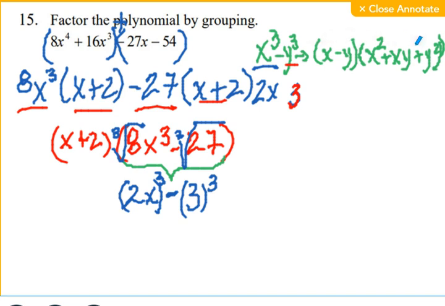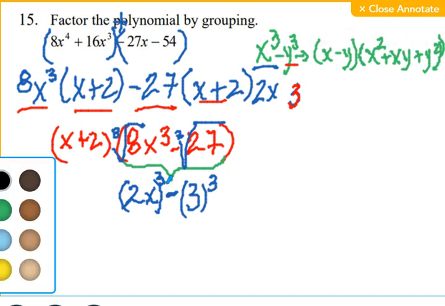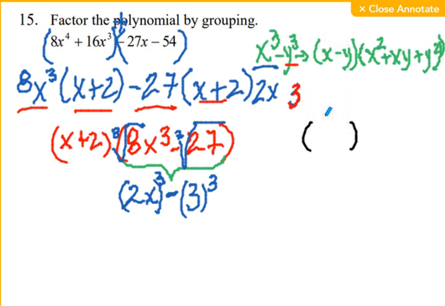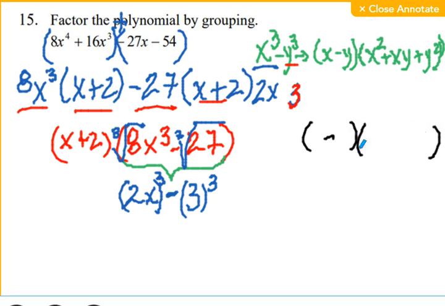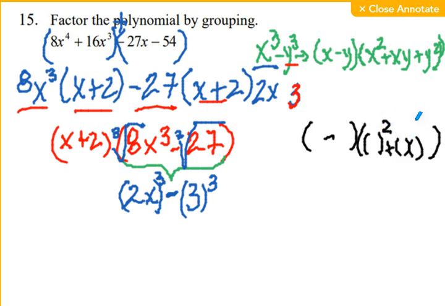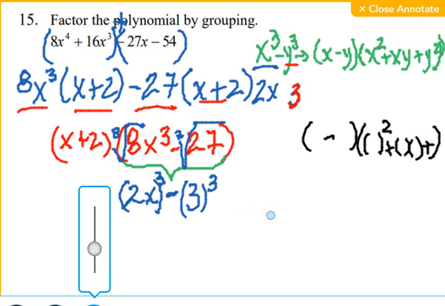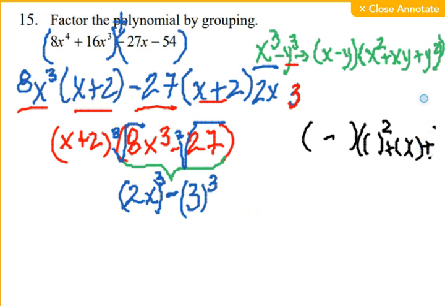So everywhere we see a parenthesis, we're going to start here: parentheses, parentheses, and then the first one is squared, plus, parentheses, parentheses, plus. That's not going to fit right there, let me make some room.